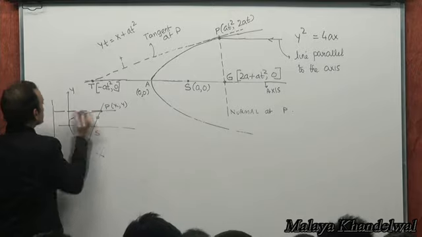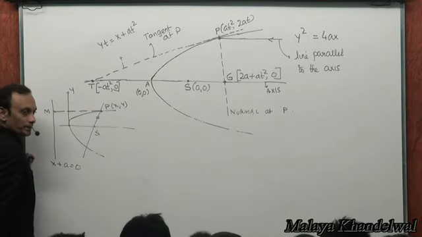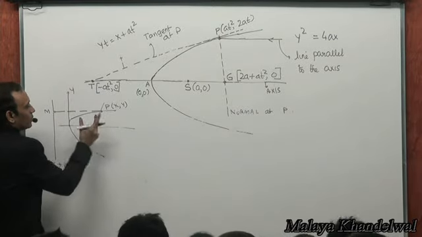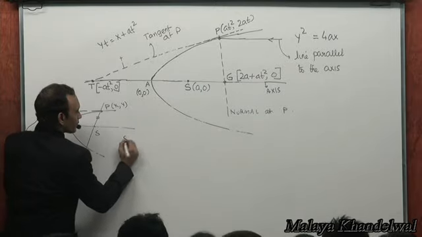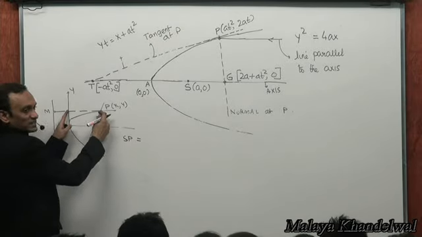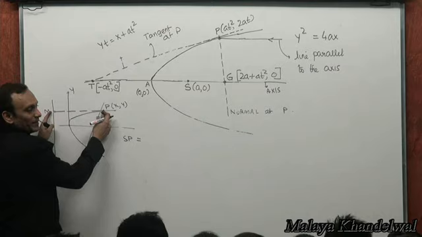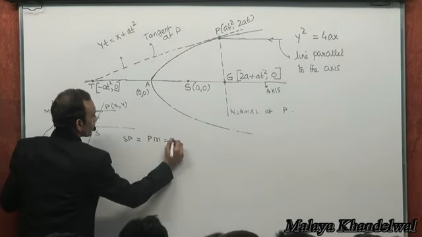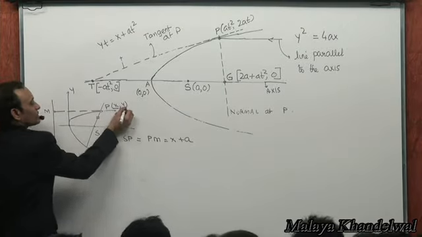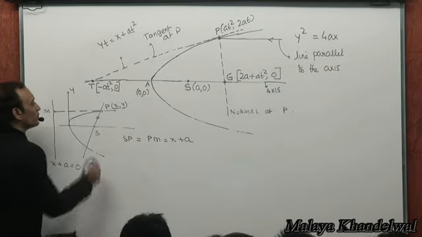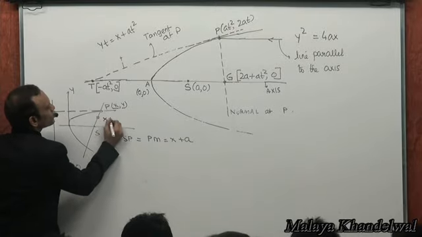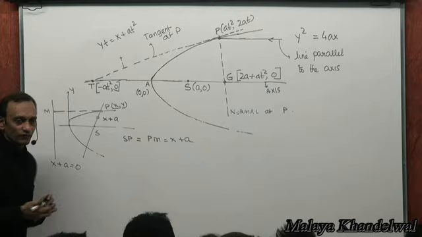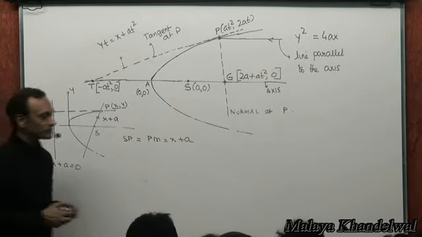Then from definition, SP must be equal to PM. Now, what is PM? This is x and this is a units, so PM is x plus a. So if a point on a standard parabola has coordinates (x, y), then its distance from the focus is x plus a.